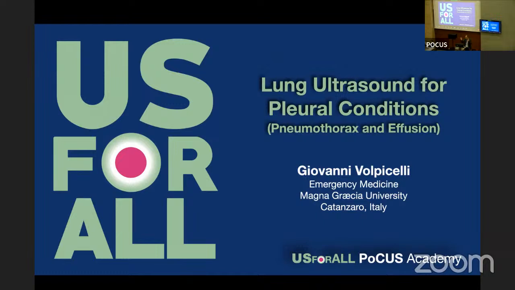So you have these 2 definitions that are very basic and very important for you to start. Then there is the scoring. The scoring is a different point. In lung ultrasound, you have criteria to make a positive or negative diagnosis. And then the scoring. The scoring is not useful to make a diagnosis, but is only useful to monitor changes in time. In this case, you have 2 scorings.